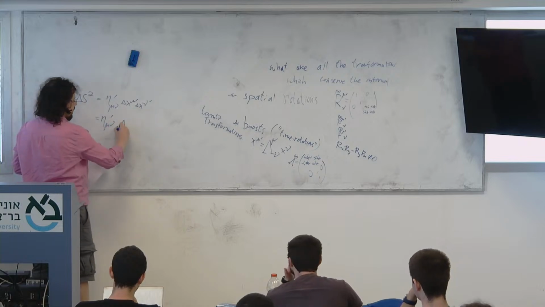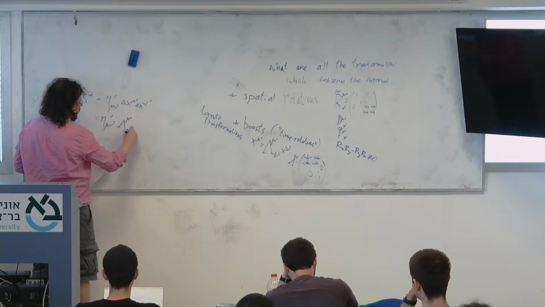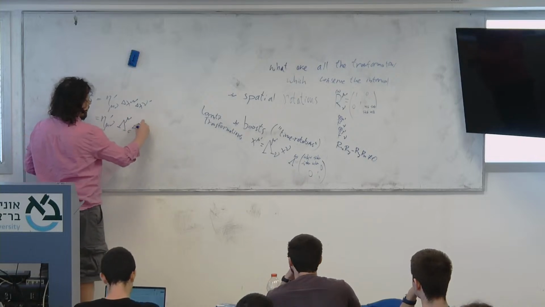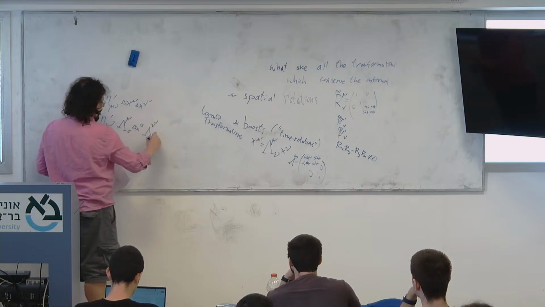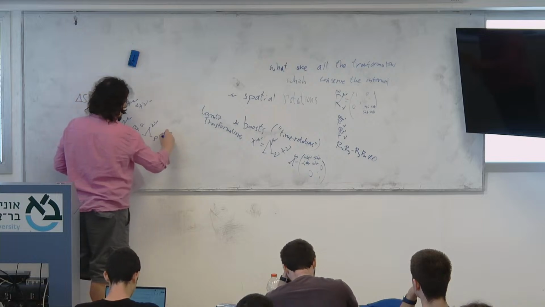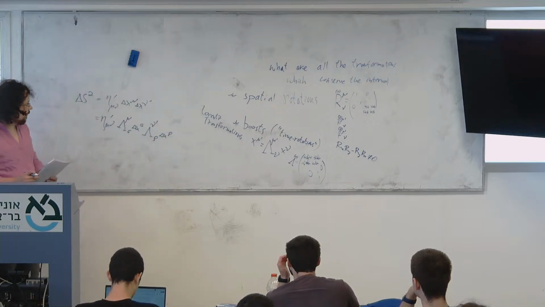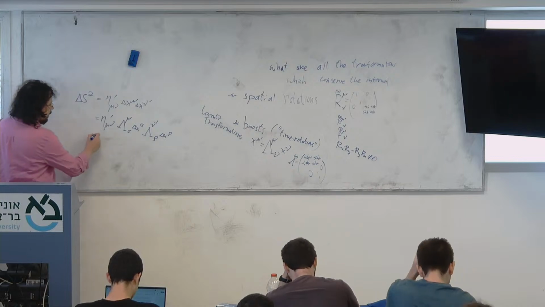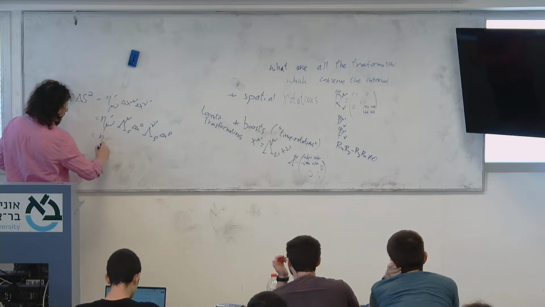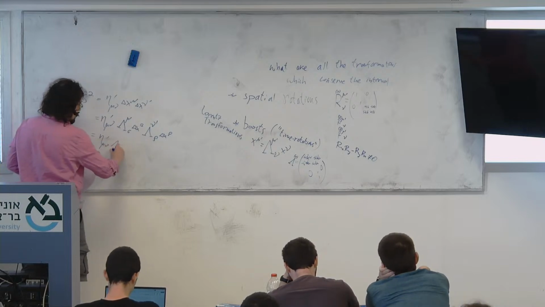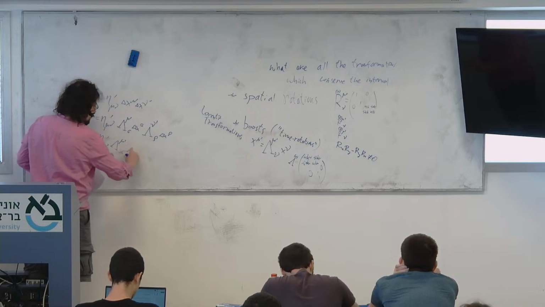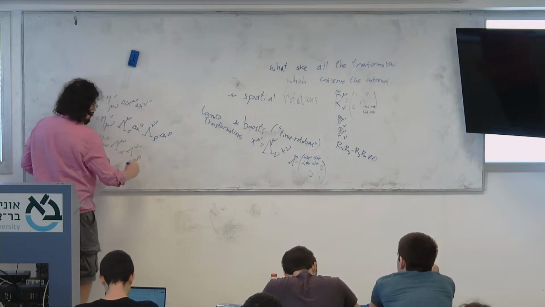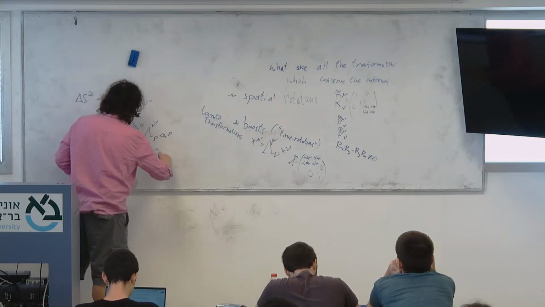This is going to be lambda mu prime sigma delta x sigma, and this is going to be lambda nu prime rho delta x rho. And now grouping them together, I'm going to have eta mu prime nu prime lambda mu prime sigma lambda nu prime rho delta x sigma delta x rho.